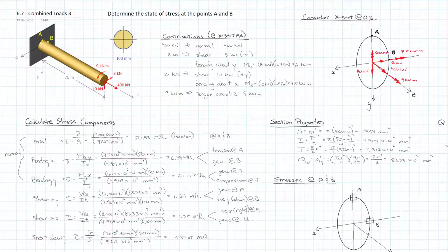And so that's going around the cross section counterclockwise using my right hand rule.